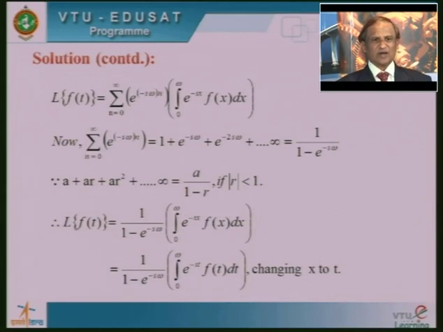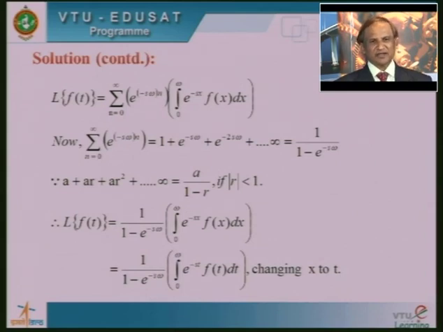What is the value of summation of n equals 0 to infinity, e to the power minus s into ω into n? Is it clear? Suppose I replace n by 0, what will you get? I will get 1, because e to the power 0 is 1. Right?